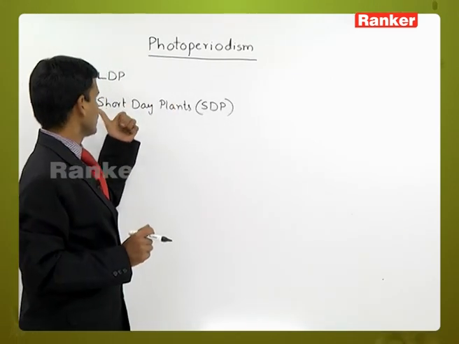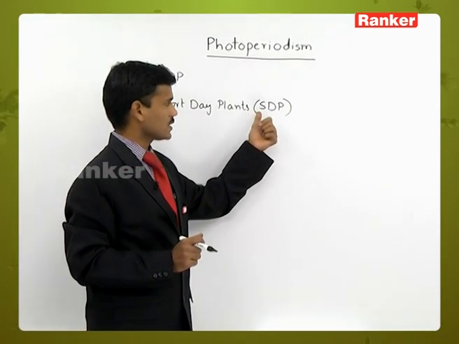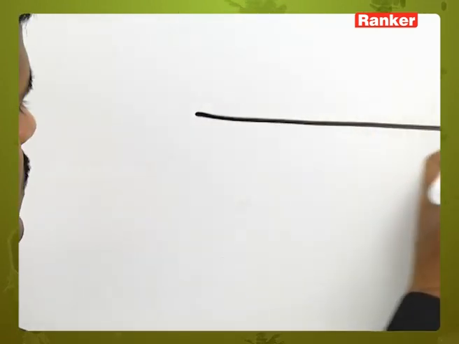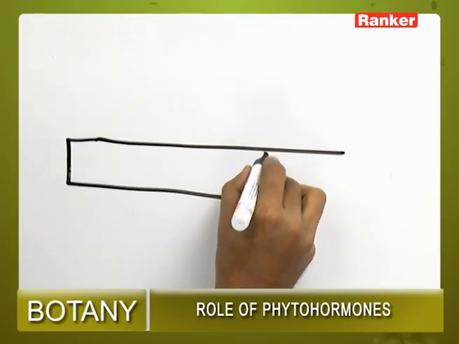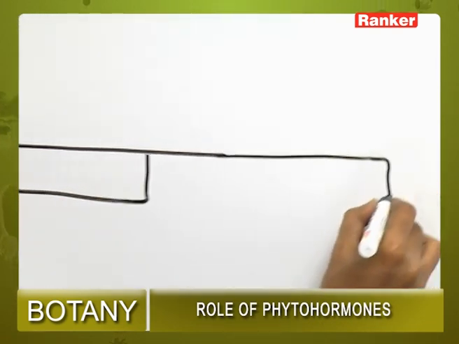The next type of plants is short day plants. Short day plants require a short light period, or the light period should be less than the critical duration.